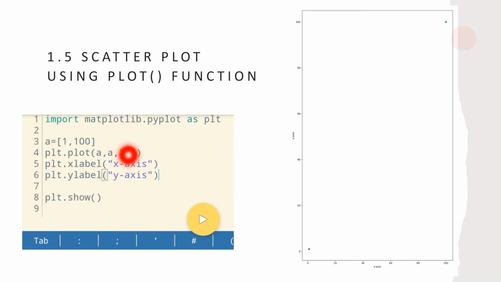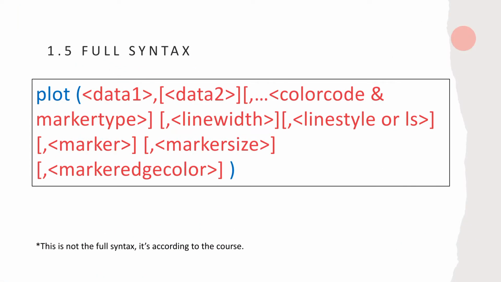The noticeable thing is this O. This O represents a circular marker. This is a marker and this is also a marker. There is a circular marker like this on the data points where our data exists, and we create the two data points using the plot function. This is a scatter chart using the plot function. We will also need to know how to create a scatter chart using the scatter function externally.